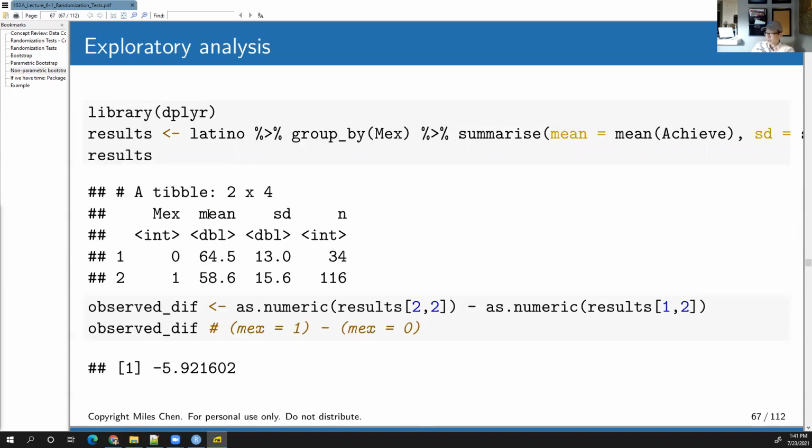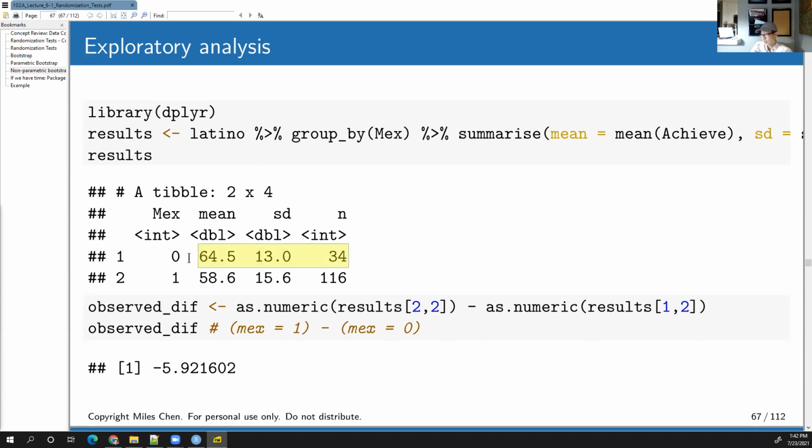And so here, just doing some quick exploratory analysis, I'm going to do a summary, and we're going to say, okay, what's the mean educational achievement level for people not from Mexico? The mean is 64.5. People from Mexico, the mean is 58.6. What about the standard deviation? We had a total of 150 people, 116 came from Mexico, 34 came from other Latin American countries.